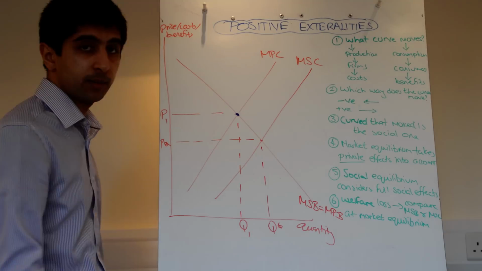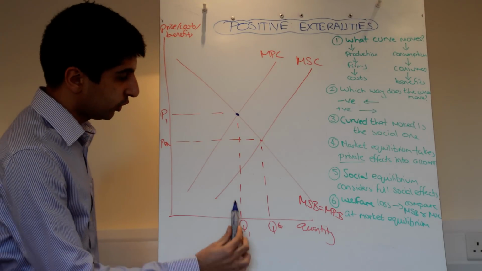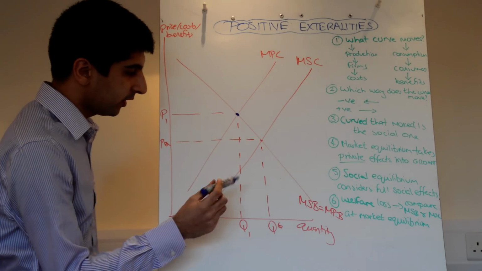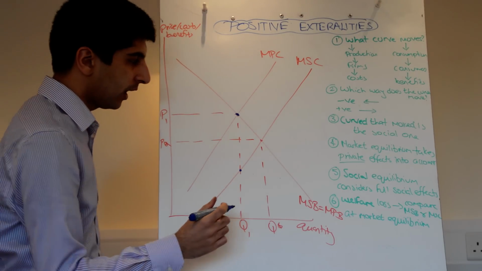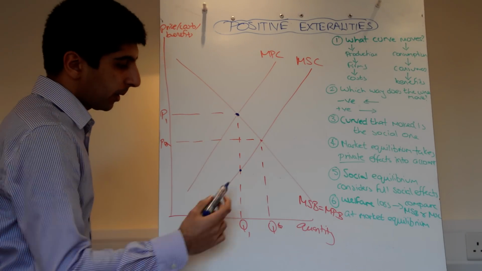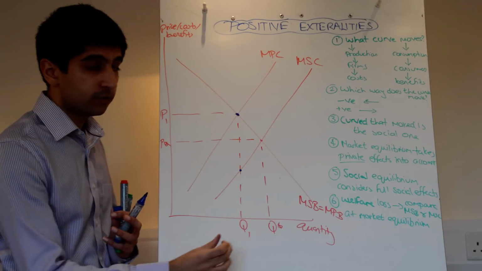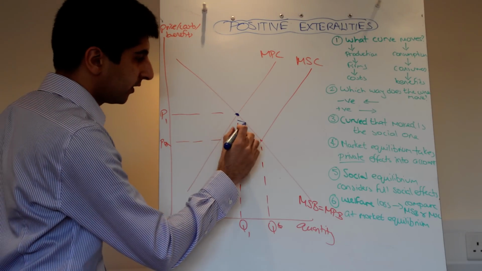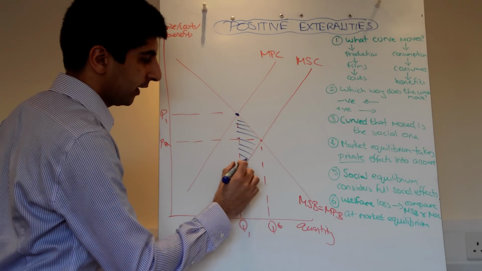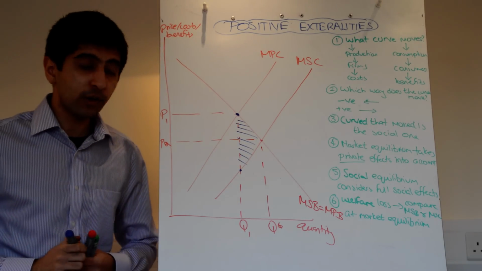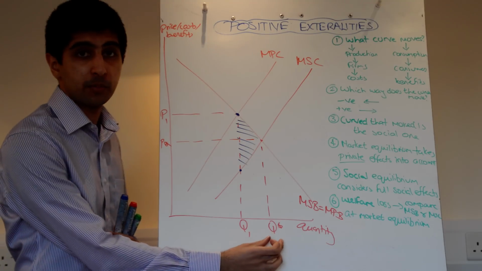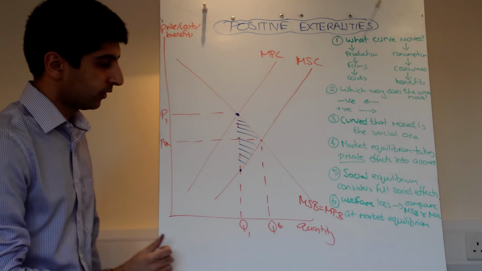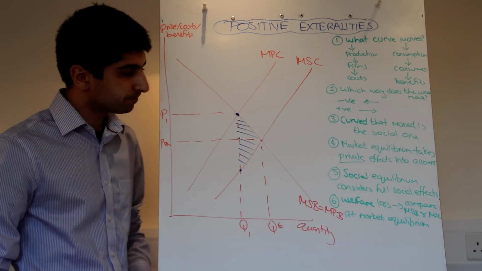There's the market equilibrium, and at that point of production Q1, there are the social benefits, but here are the social costs. So the same issue as before, by producing more extra units up to Q star, each unit would bring in more benefit than cost. By not producing them, we're losing out on those potential extra benefits. So that's the welfare loss, by not producing the socially optimum level of goods.